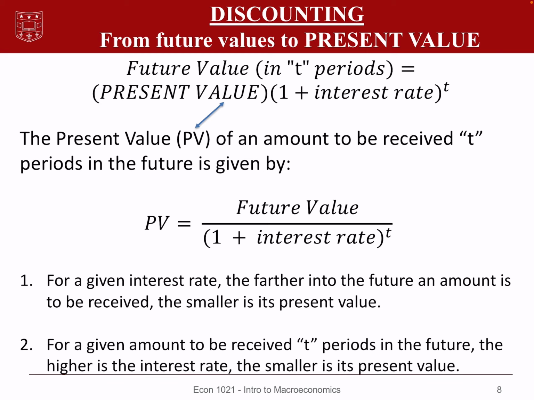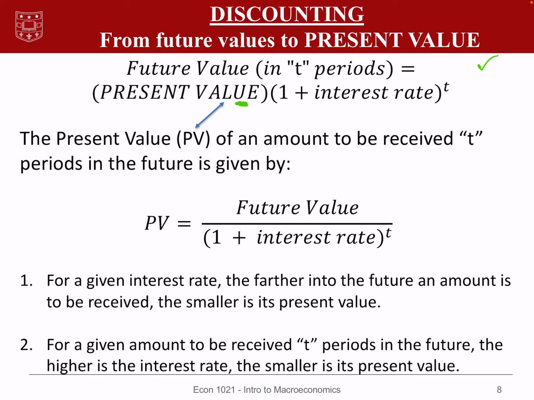And so what we do is we take this relationship that we had on the previous slide, which I've reproduced here. So the future value of the amount of money that you're going to get, say, t periods into the future, is of course the amount that you start with today times 1 plus the interest rate raised to the t power, where t is the number of years into the future.